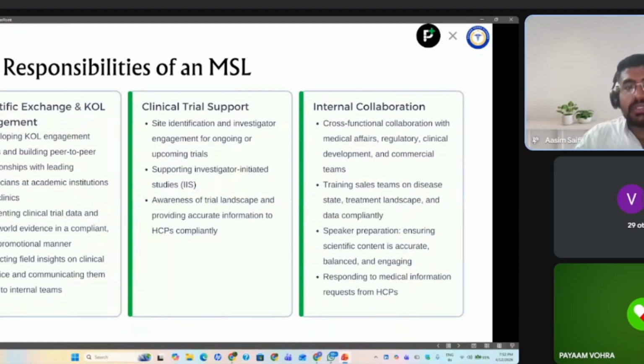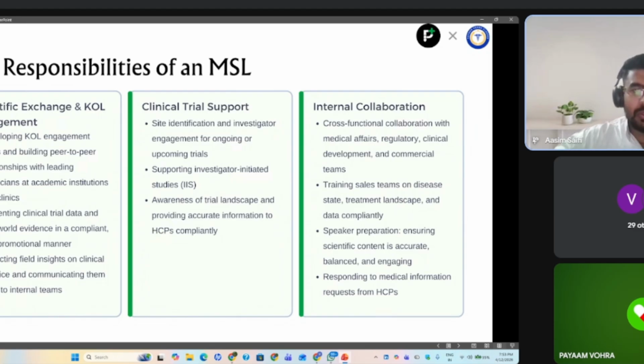Clinical trial support, site identification. They also help, because in this domain senior MSLs work to identify the sites, to identify the investigators, to make the engagement, because there will be a global study manager, and with them there will be an MSL person or CRA, or both.